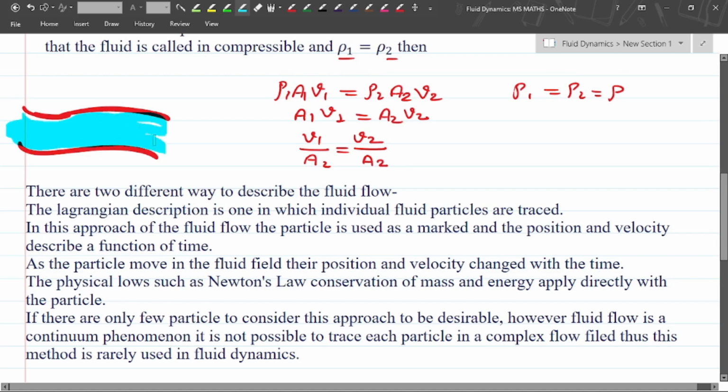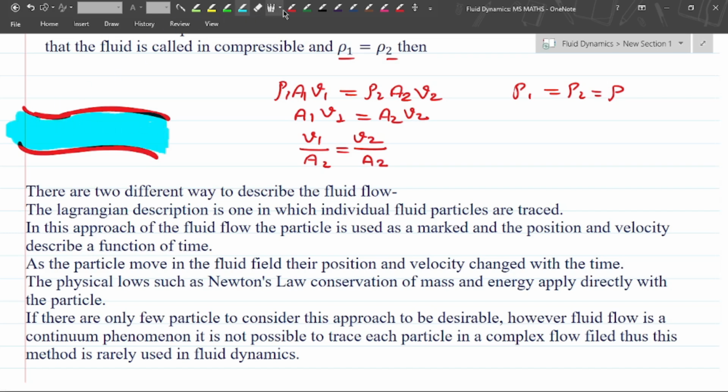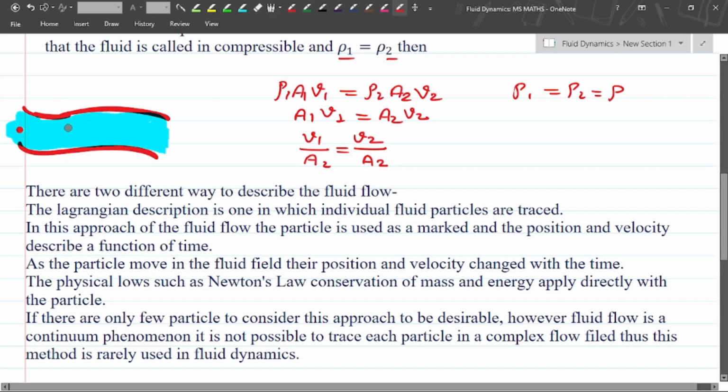We will trace the individual fluid particle. We'll study the individual fluid particle, I say it is a particle, and I will study its properties like velocity, its position, its pressure and all the things.